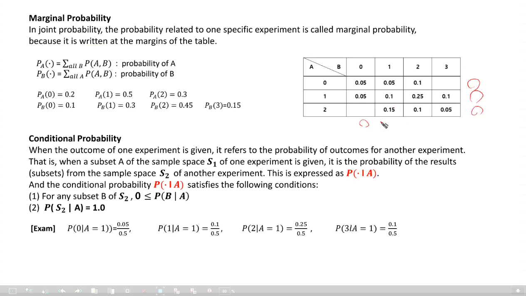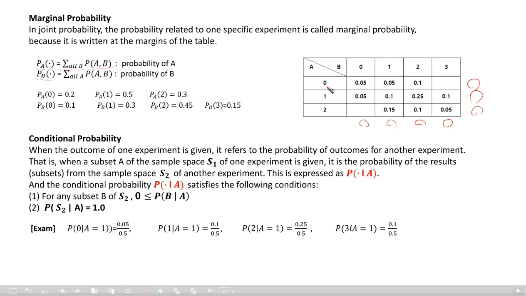I have an example of this kind of joint probability here. The probability of A is the sum over all B's. The notation is like this. The probability of B is the sum over all A of the probability of A and B. It is not complicated, it is simple.